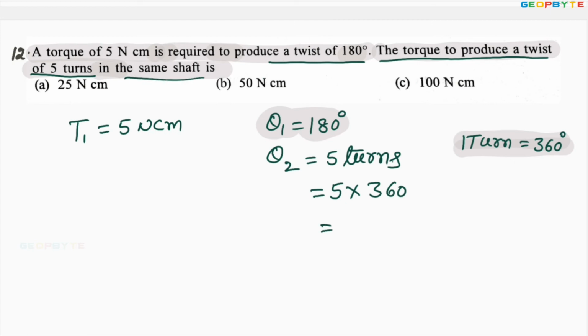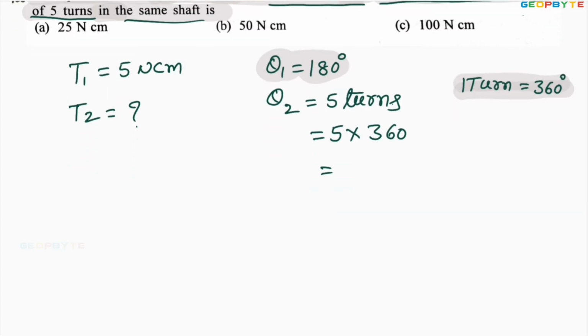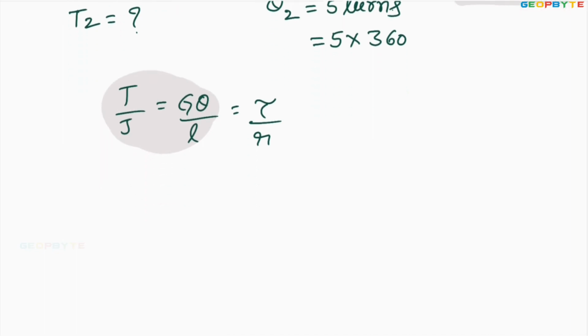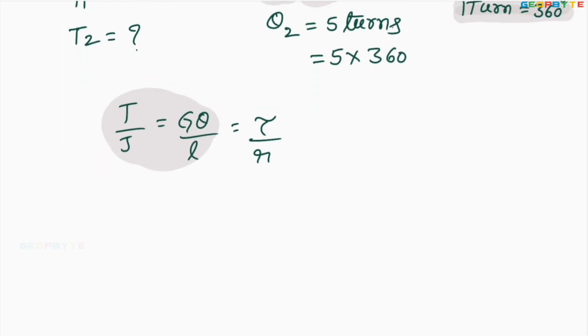Then what will be the angle of twist? Theta 2 equal to how much? T2 equal to how much? You know the torsion equation. T by J equal to G theta by L equal to tau by R. Let us take this part because it is given the relation between the torque and the angle of twist.